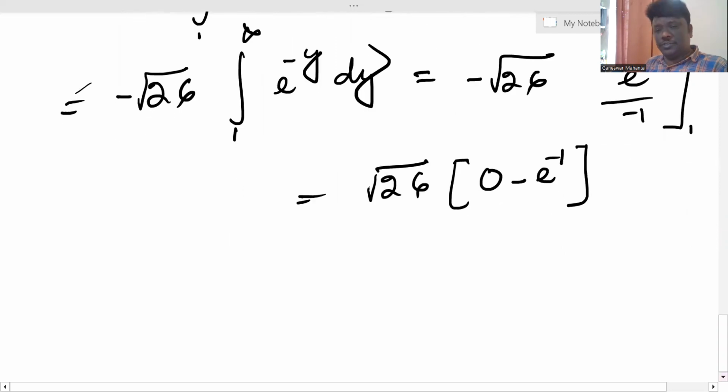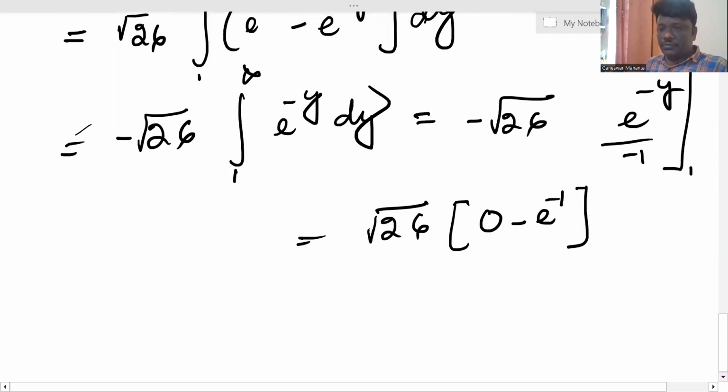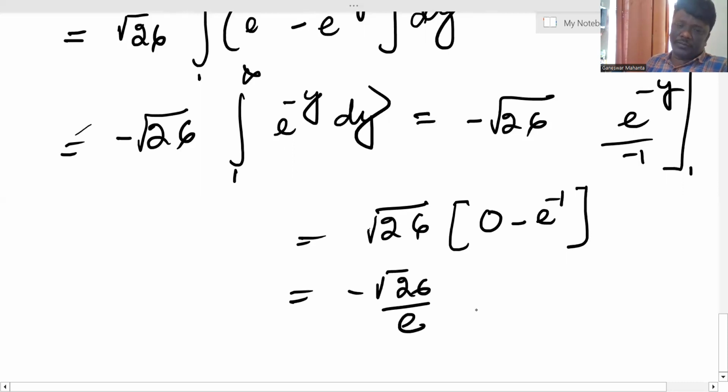So the value is equal to minus root 26 by e. This is the surface integral of our present problem.